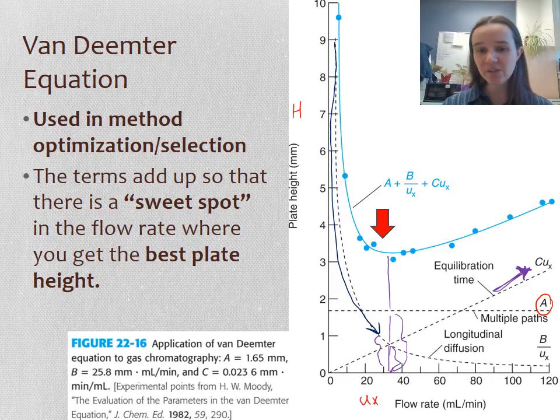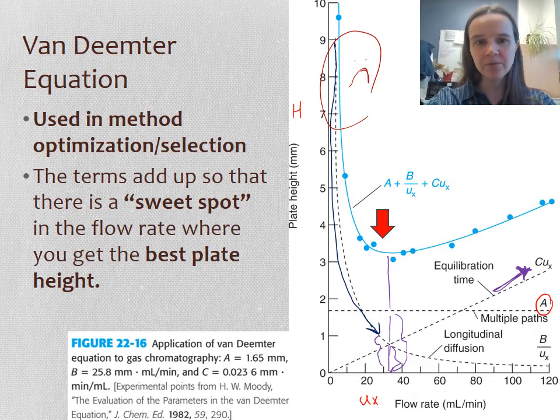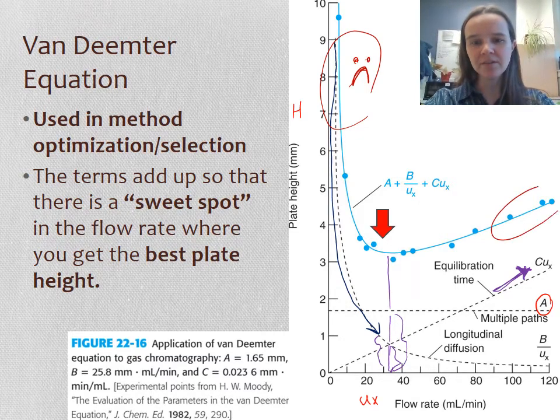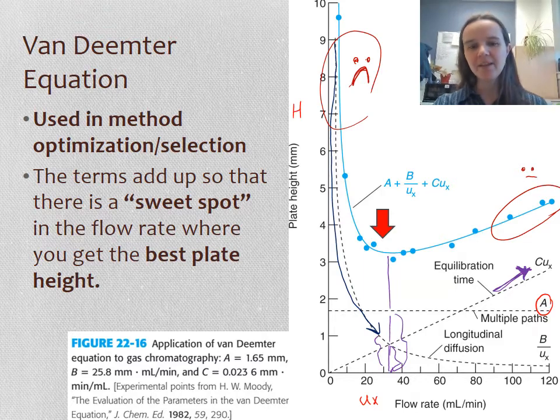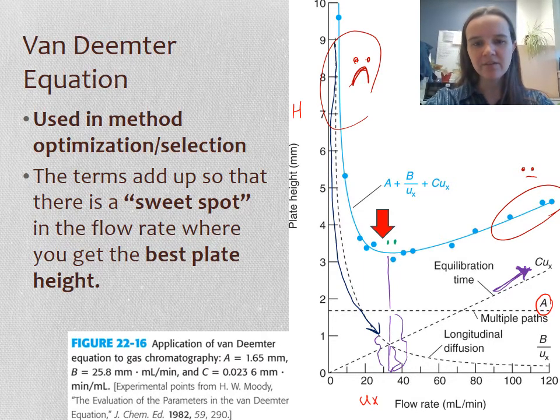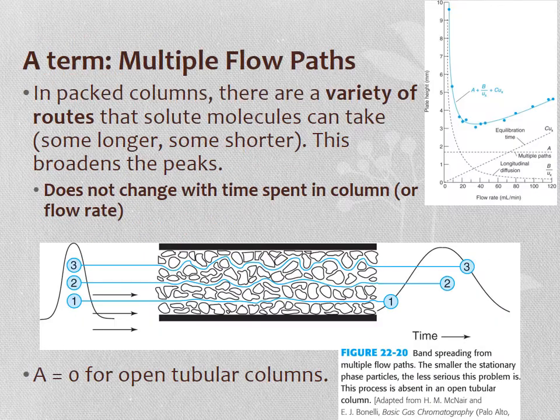If you go too slow on the flow rate, you're up in this zone up here, which is bad. There's a nice frowny face for you. But if you go too fast, then you're also in this zone, which is more of a meh, right? Of course, where you want to be is right at that sweet spot where everything is lovely. So how do we understand these 3 terms?